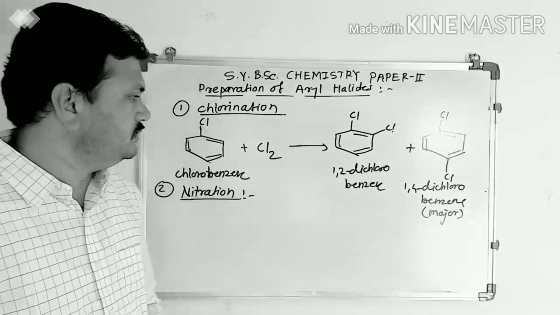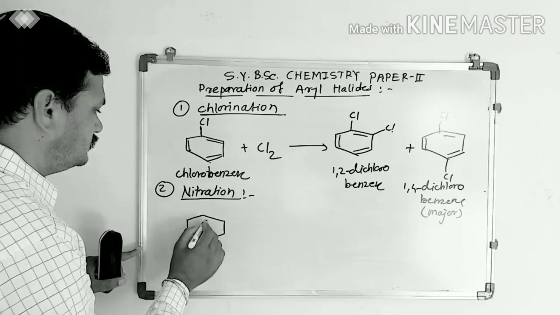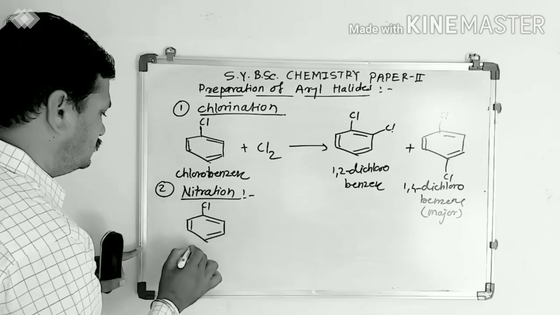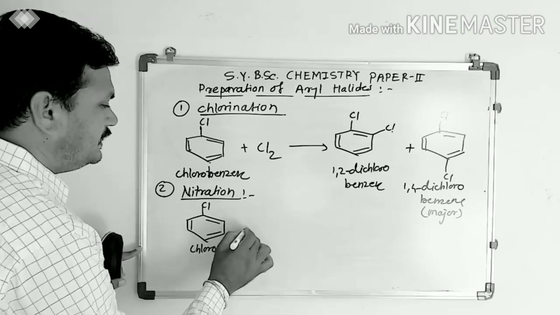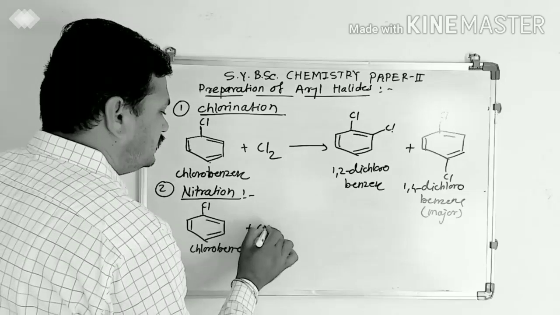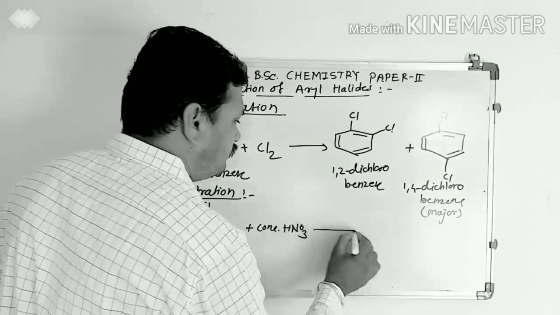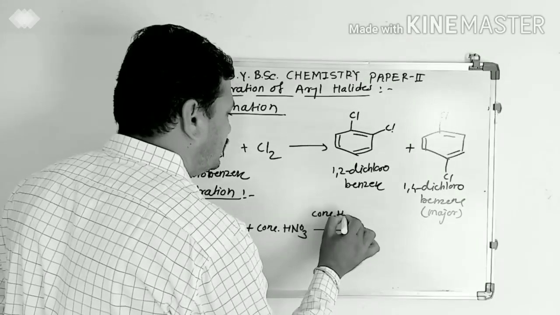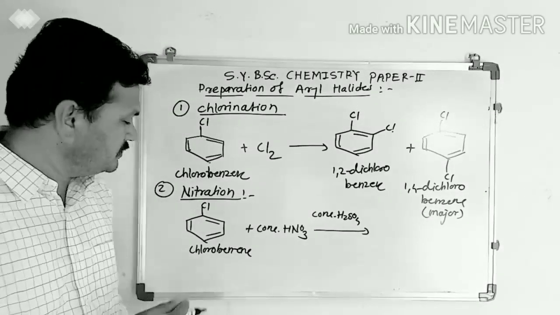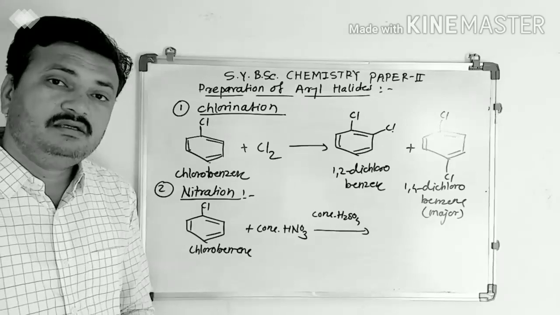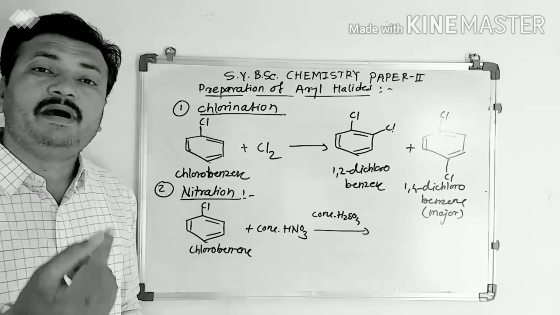In nitration reaction, when the chlorobenzene is treated with concentrated nitric acid in presence of concentrated H2SO4, then the nitration of this aromatic ring, that means the aromatic halide, takes place at ortho and para position because these halogen atoms are ortho para directing.